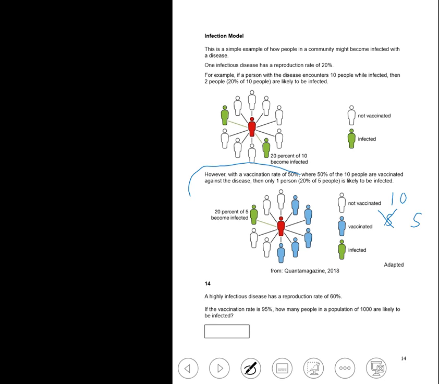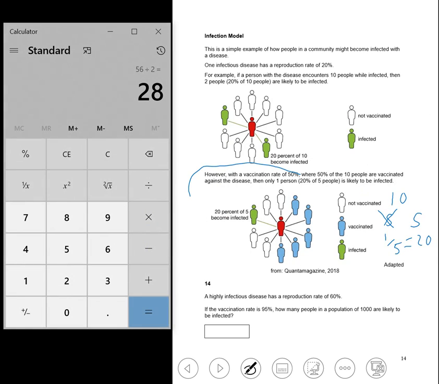But then it is saying that only one person is likely to get it, which means it's 20%. 1 out of 5 is 20%. And it's also 0.2 as a decimal, which can just be confirmed when you put that into your calculator. So 1 divided by 5, there's your decimal, 0.2, and if you multiply that by 100, that of course turns your decimal into a percentage.